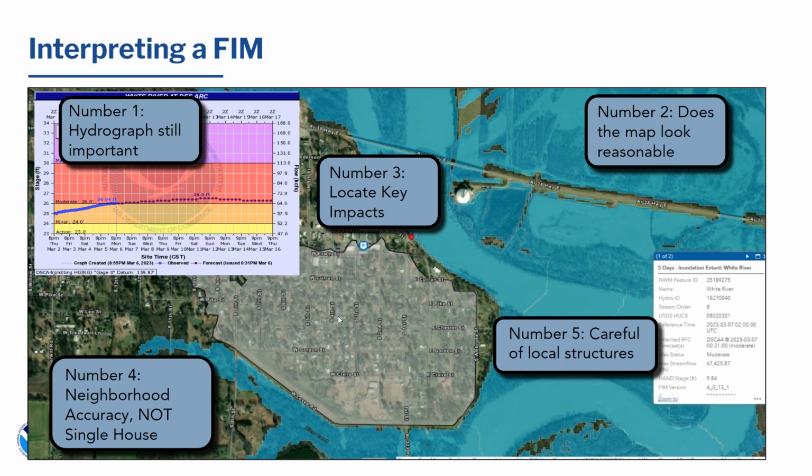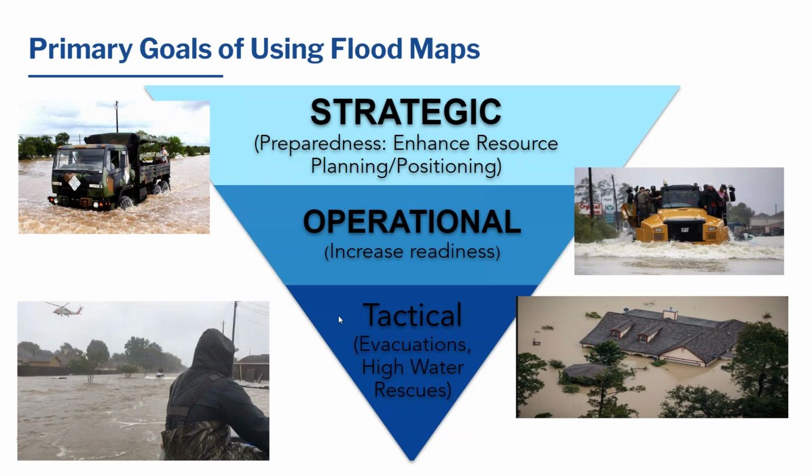Now, if you look at the primary goal of using a flood and inundation map from an emergency manager standpoint, they're going to be looking at it first from a state level for strategic planning, so preparedness, enhancing resource placement, pre-positioning resources.